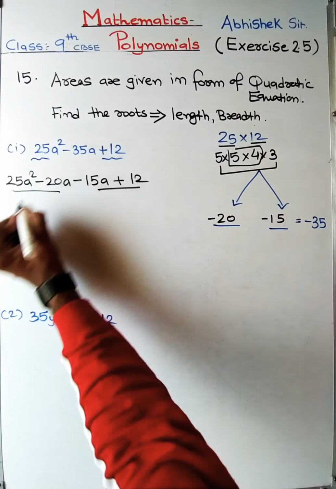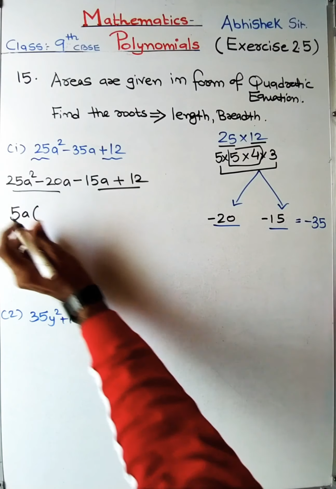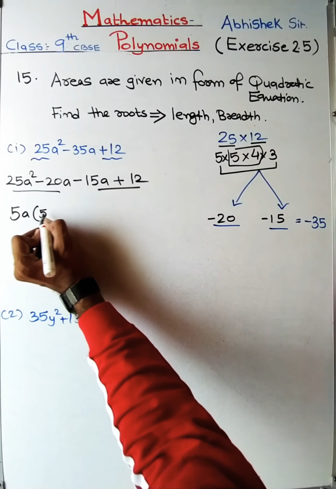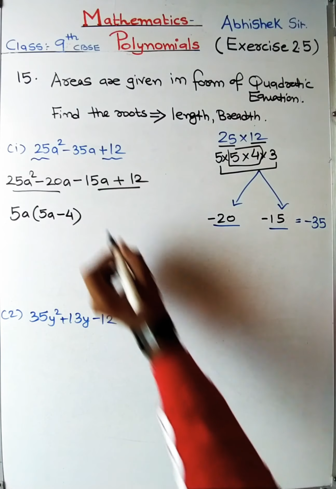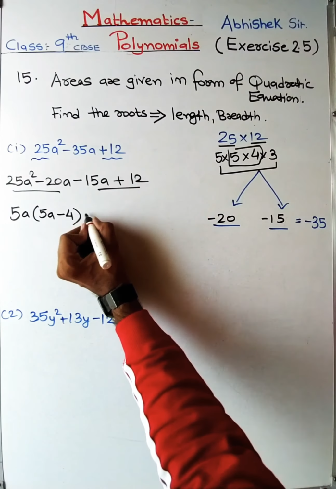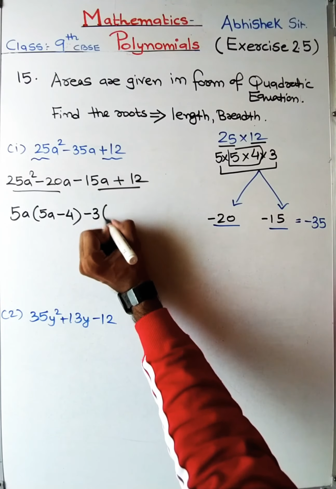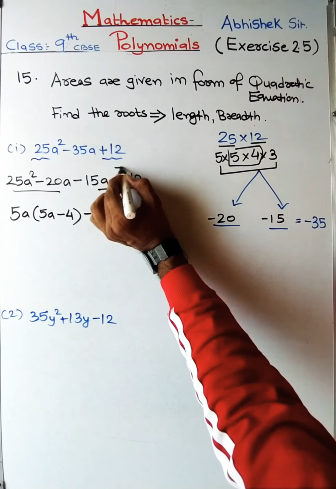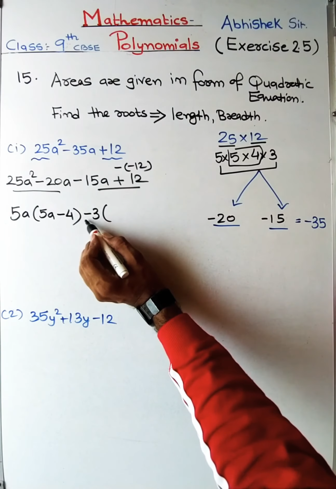So 25 and 20 gives 5 as common, a square and a will have a common. So 5 into 5a minus 4. Over here 15 and 12, we can say that minus 3 is common and the plus can be written as minus into minus 12, so minus will also be common.